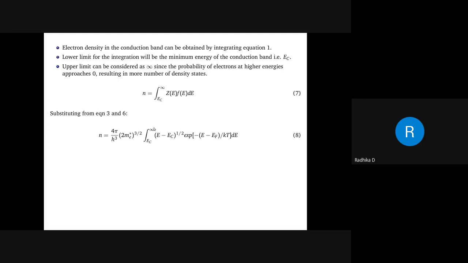Integral EC to infinity, E minus EC to the power of half, which is coming from your Z of E. All these things were in Z of E, right? E minus EC to the power of half. And then f of E is this approximation which we have taken, that is exponential minus of E minus EF by kT, and then dE.